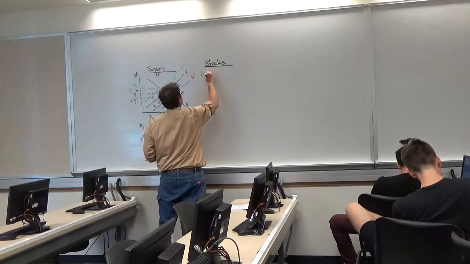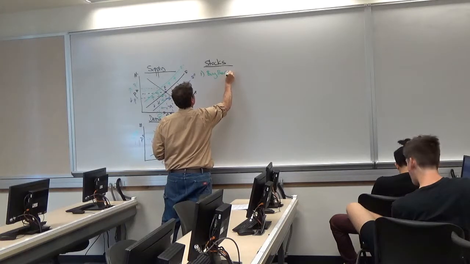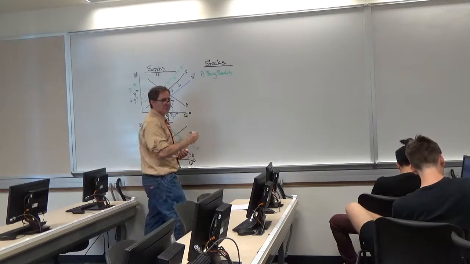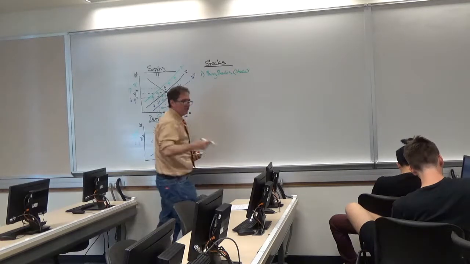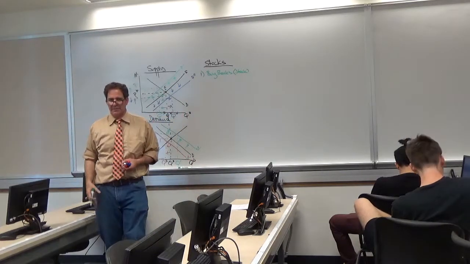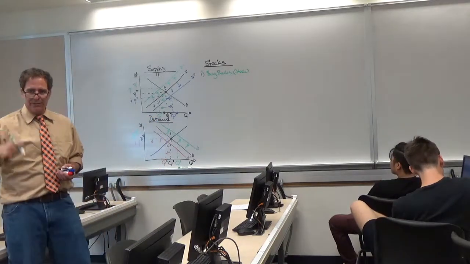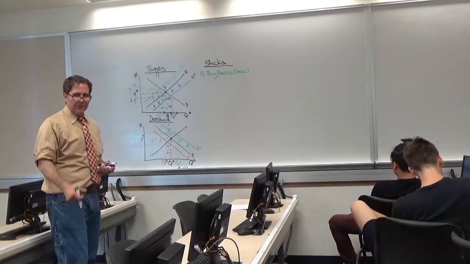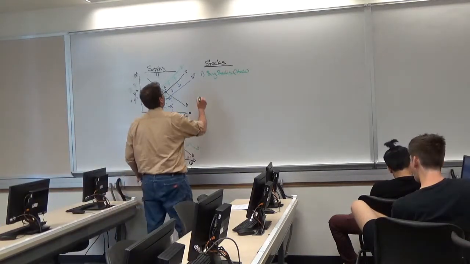One, stock buybacks. Apple's got billions of dollars in cash, they don't know what to do with it, so they'll take that $1 billion and buy back their stock. That will cause the stock price to go up.